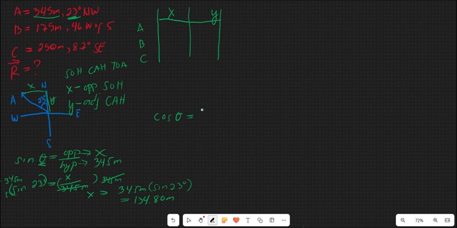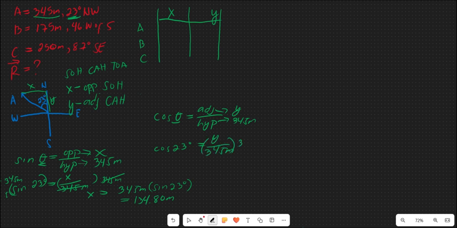And for the y component, let us write the equation of CAH, which is cosine theta is equal to the adjacent over hypotenuse. And we know that our hypotenuse is 345 meters, our adjacent is our y component, and our theta is the given theta, which is 23 degrees. Rewriting the equation, we have cosine 23 degrees is equal to y over 345 meters.